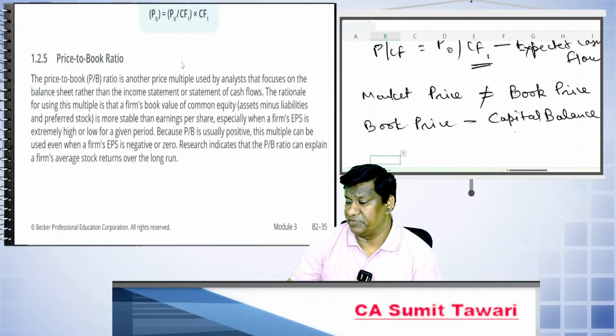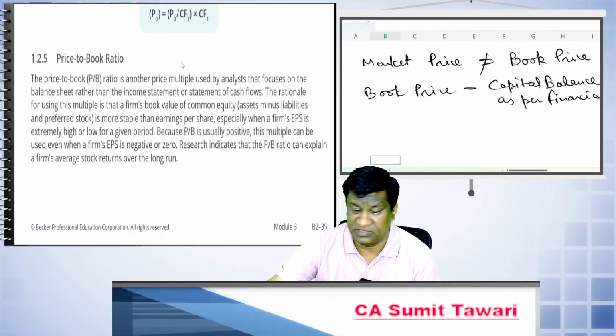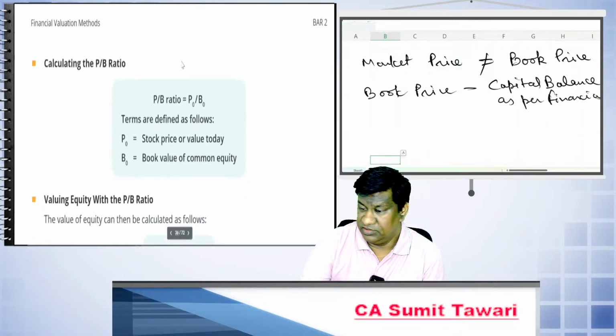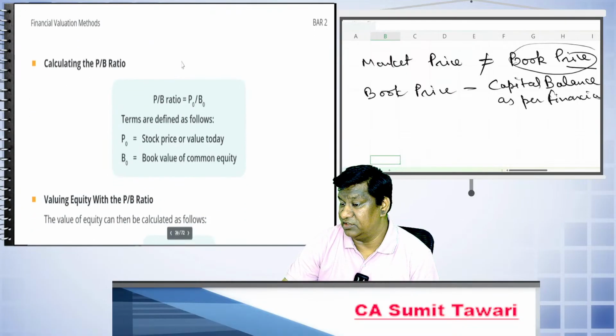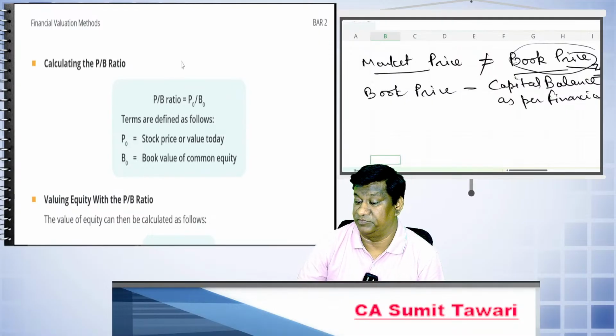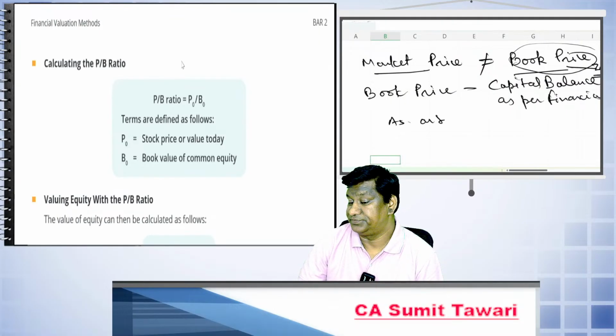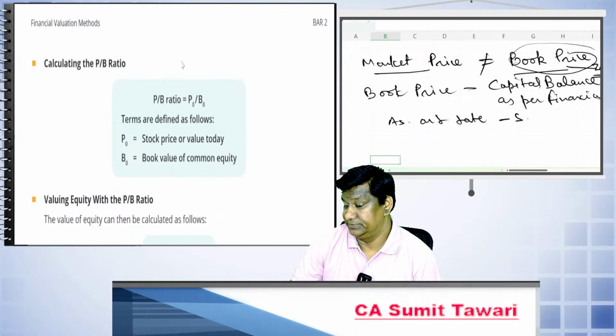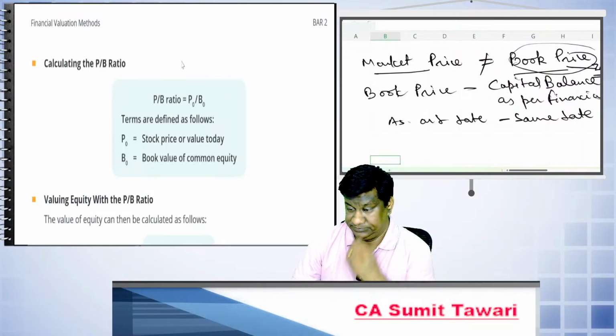Capital balances means all the capital balances attributable to common stockholders, not the preference stockholders. Capital balances as per financials. Okay, so we are comparing market price and book price. Here, the book price we need to keep at a 0 level. Only this factor; otherwise, we always take the expected one. But here, the market price for the period and the book price for the period, or as on date, the same date.